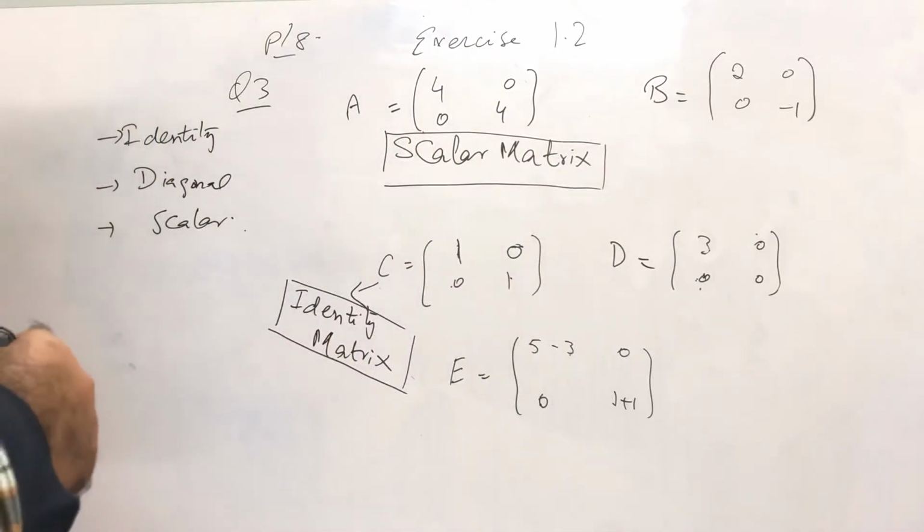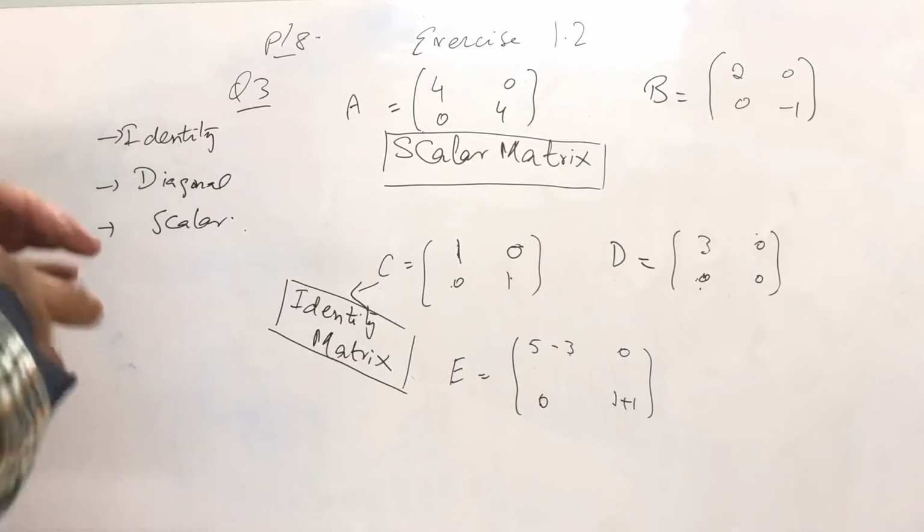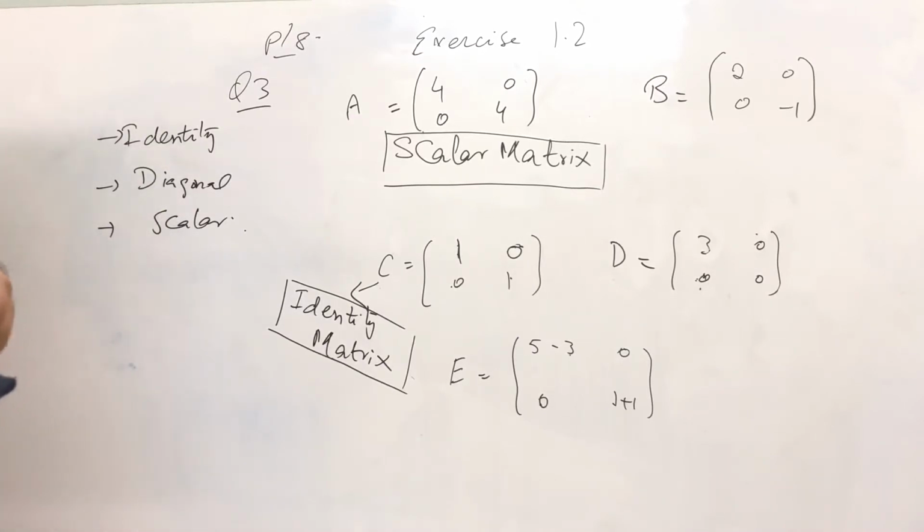Done. So again I'll repeat, a scalar matrix is that matrix wherein all the non-diagonal entries or elements are 0, and the second point for a scalar matrix is that the elements of the diagonal are the same.